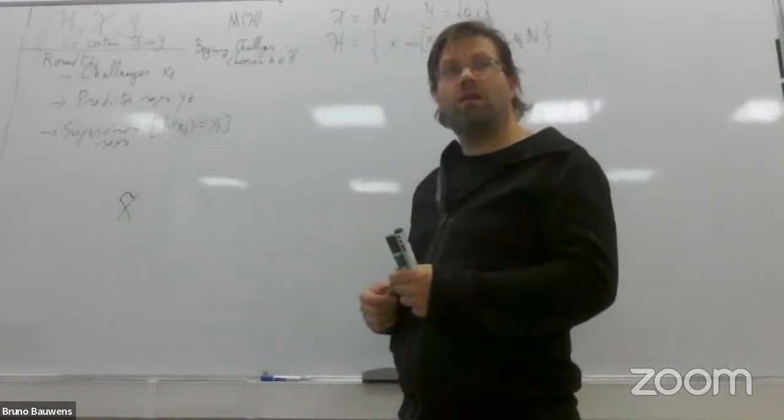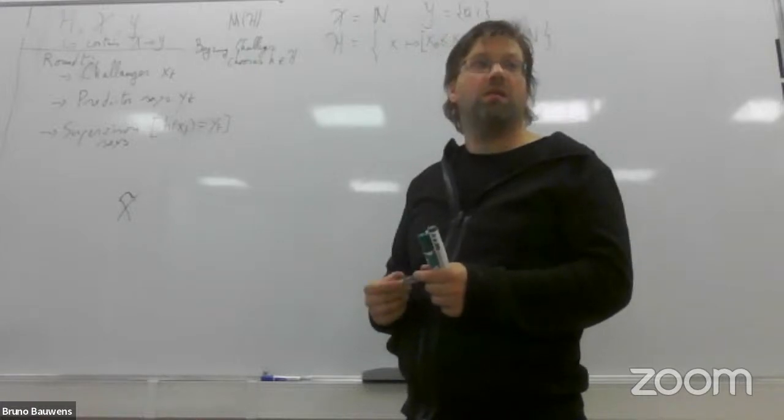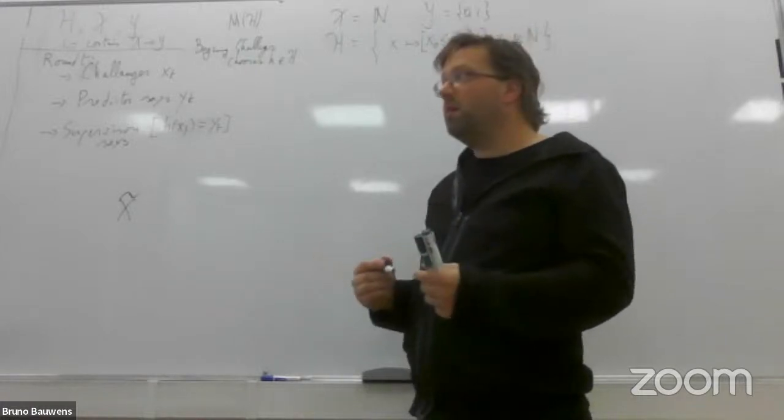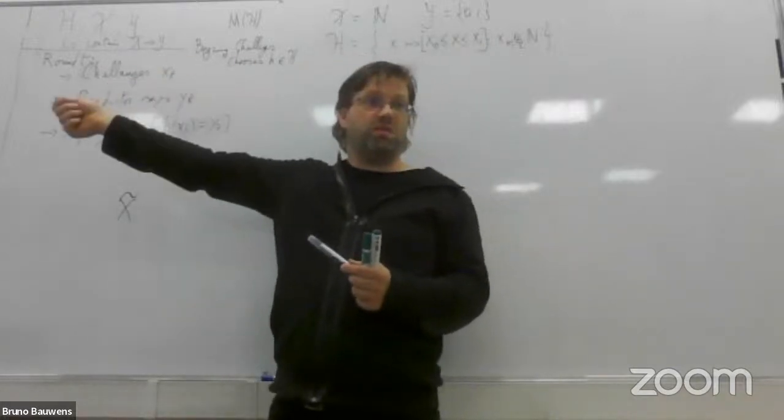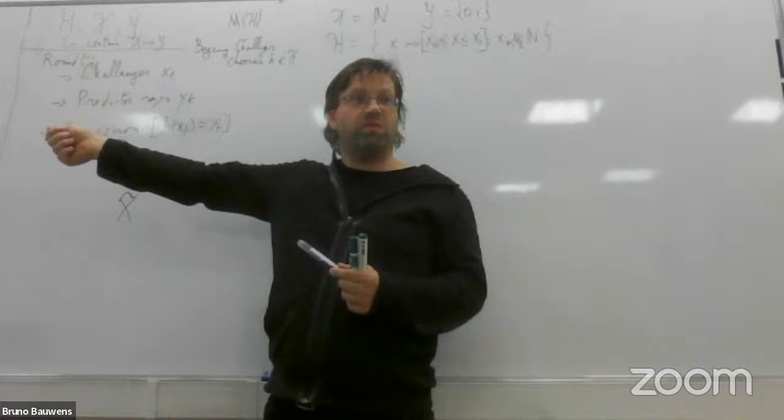We could start with binary search for x0 and then x1. Well, we cannot, because the challenger chooses the input, so we cannot choose the inputs. The opponent chooses the inputs.